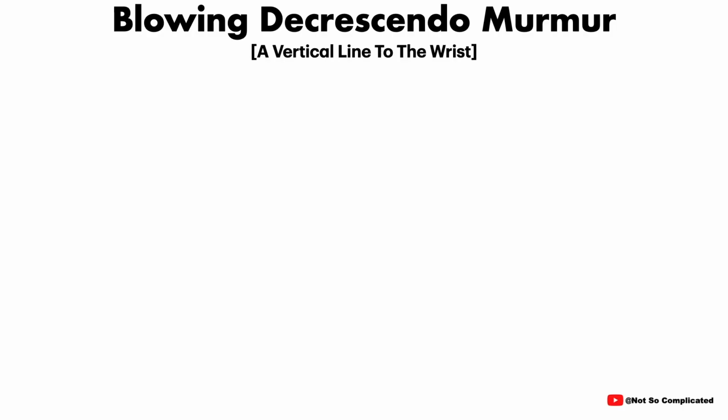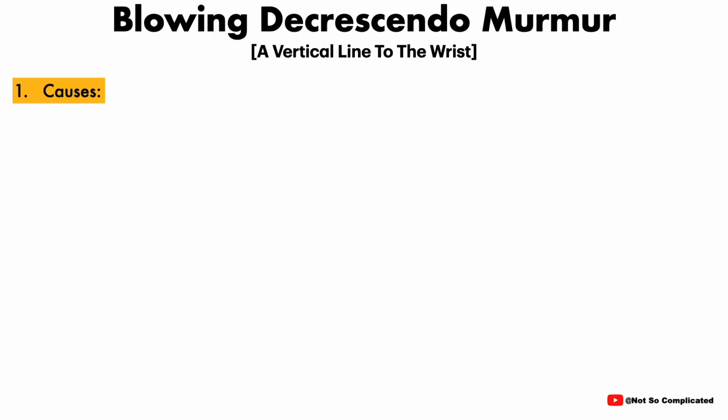All right, the other thing you have to do is draw a vertical line toward the wrist, and what you hear is a blowing decrescendo murmur, which you hear in aortic regurgitation. So the fourth one we have is a blowing decrescendo murmur that you hear with a vertical line to the wrist.